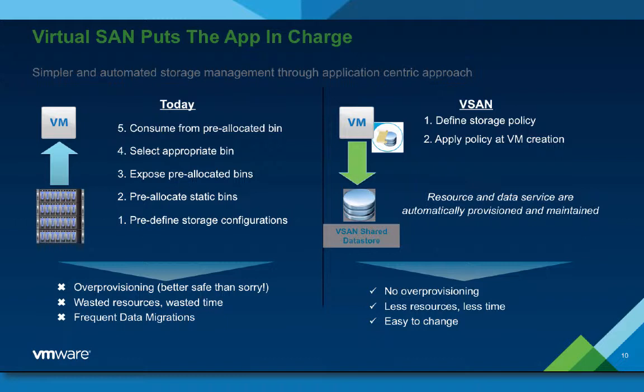By utilizing virtual SAN, we're defining the storage policy, then applying the policy at the creation of the VM. This means that we're going to have no over-provisioning. We're all going to be consuming out of one big pool without the need for bins and LUNs. It also means that it's very easy for us to change and adapt as we grow.